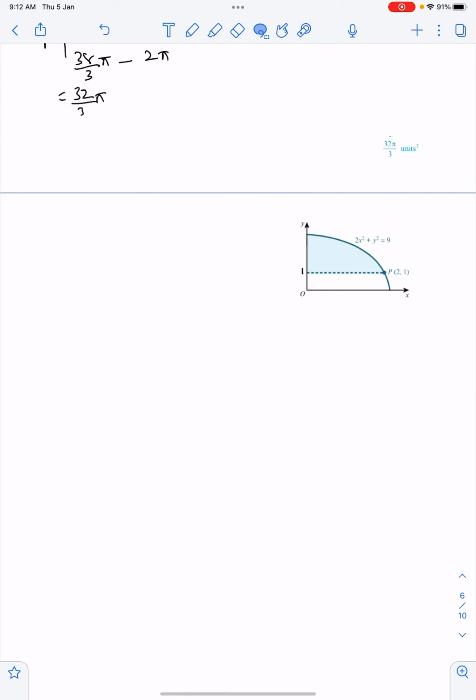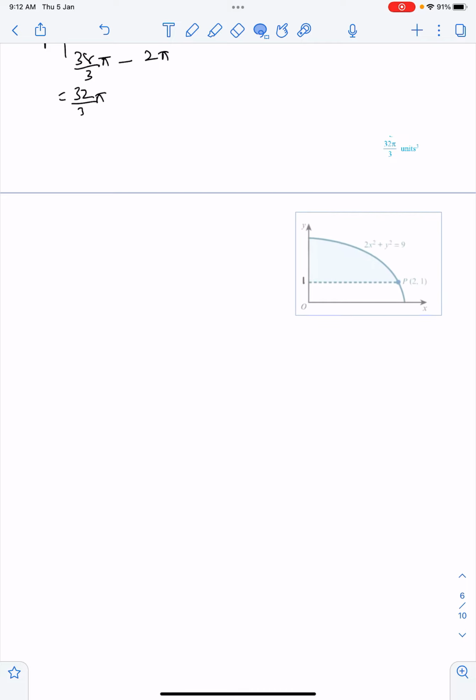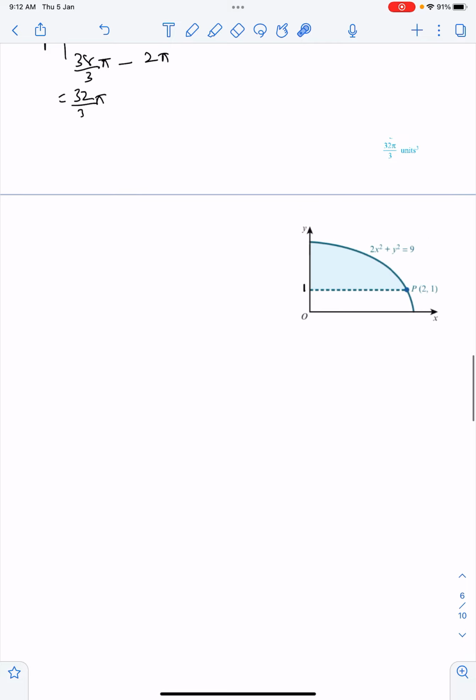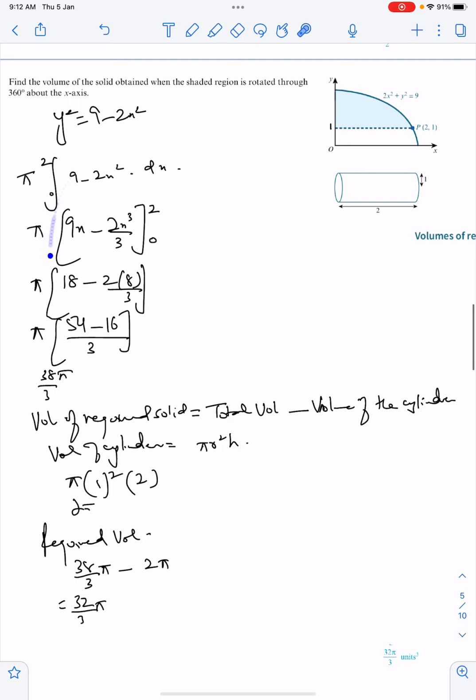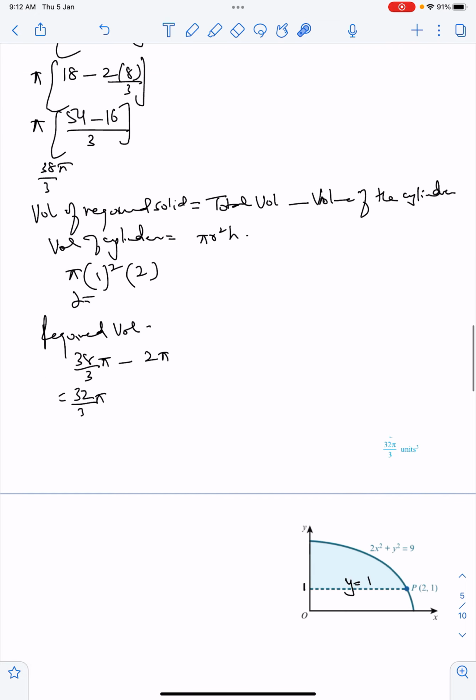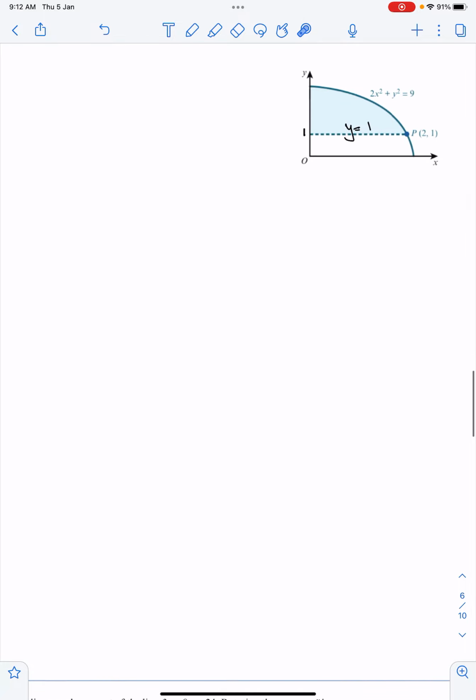Since you want to find the volume obtained when this shaded region, which is bounded by the curve and this line, is rotated, we notice that the curve is on the top and the line is underneath, and the equation of the line is y equals 1.